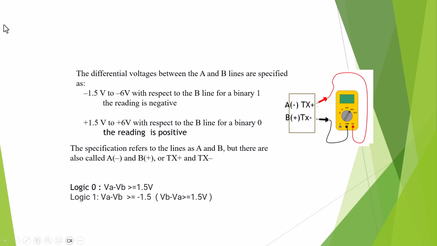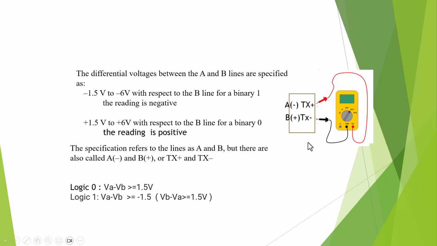Okay, so the specification referred to the lines as A and B, but they are also called A minus, B positive, or transmit positive and transmit minus. If logic 0, VA minus VB is greater than 1.5 volts.